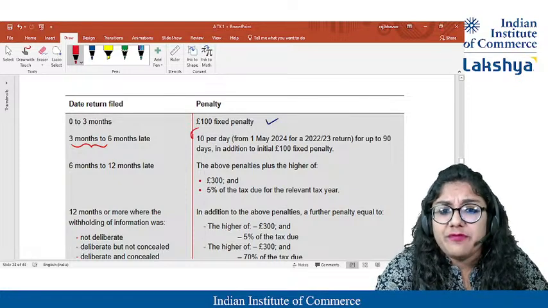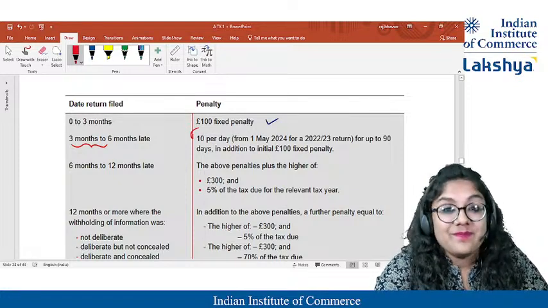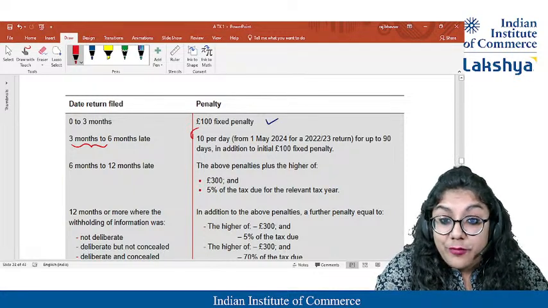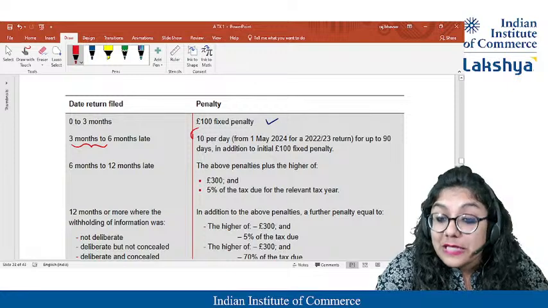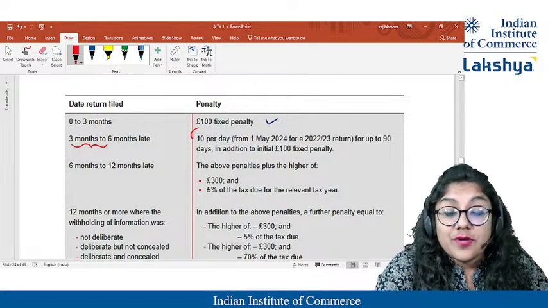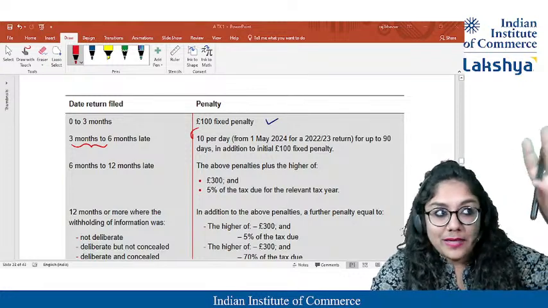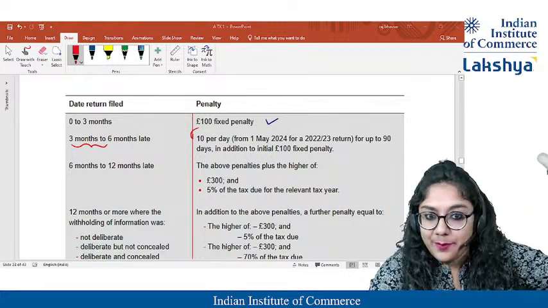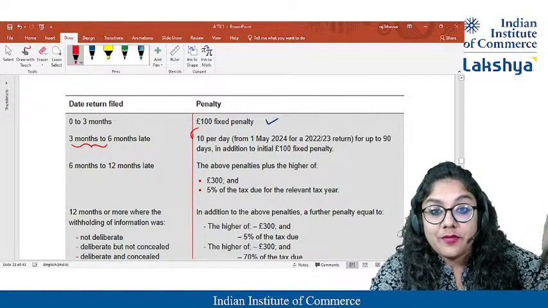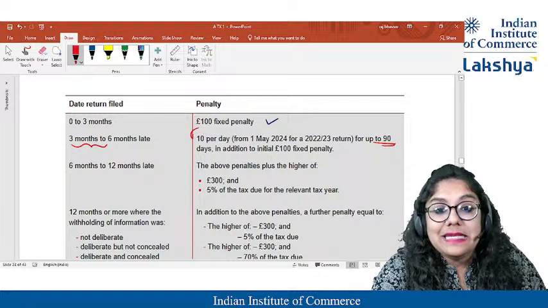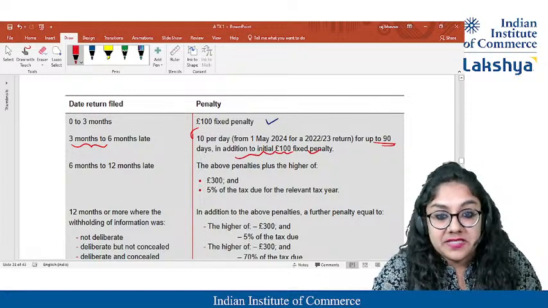Why 1st May? You have to analyze from 1st May 2024. Your year ends on 31st Jan 2024, so Feb, March, April, and from 1st May you have to pay for up to 90 days, and initially the £100 fixed penalty is there only.